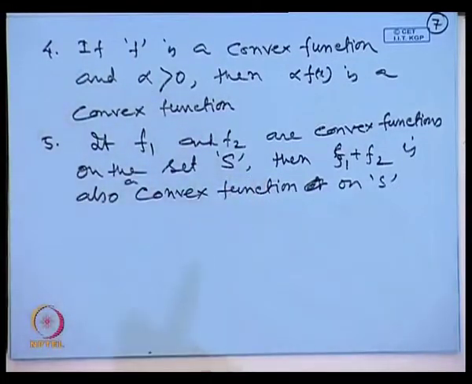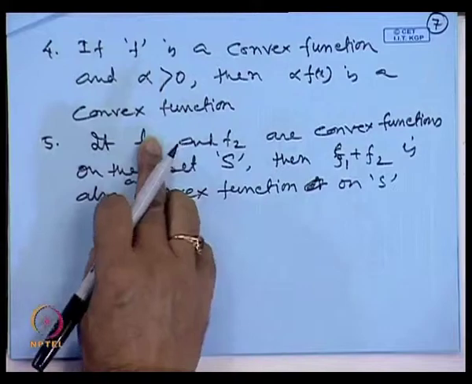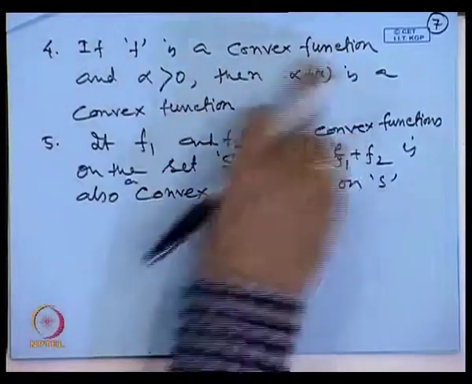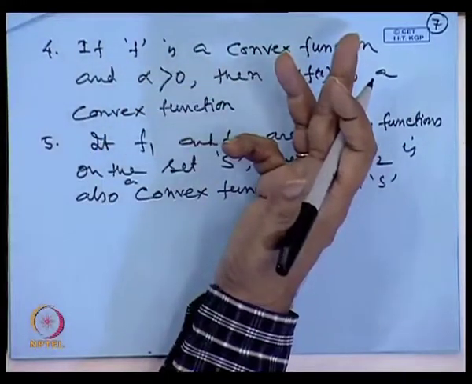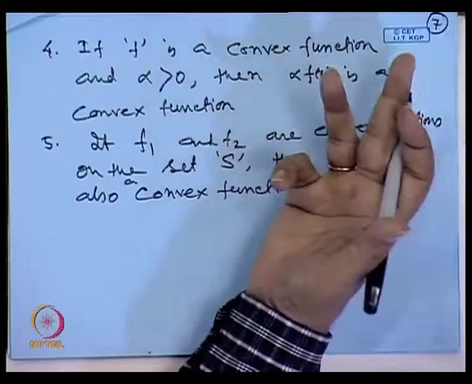So, if f is a convex function and I multiply it by a positive scalar quantity, that function also belongs to that convex set.